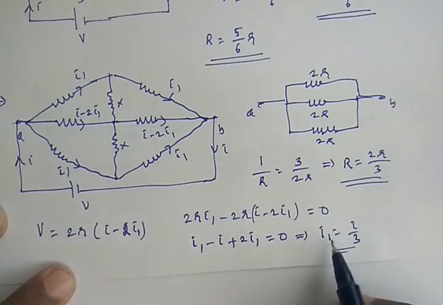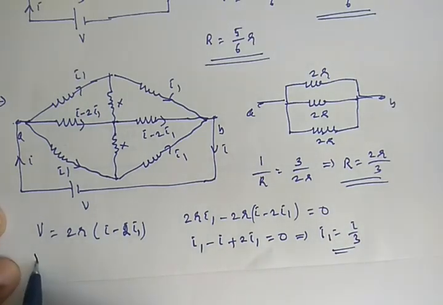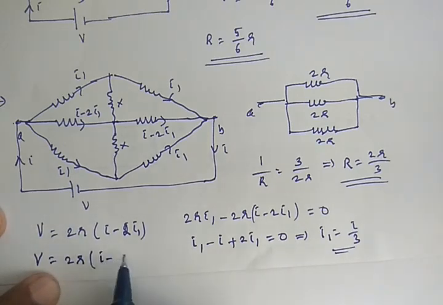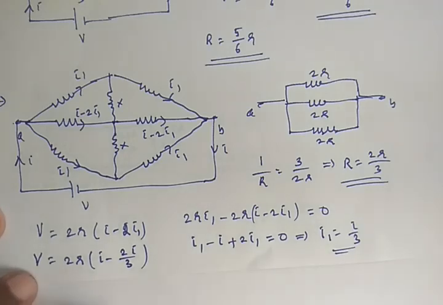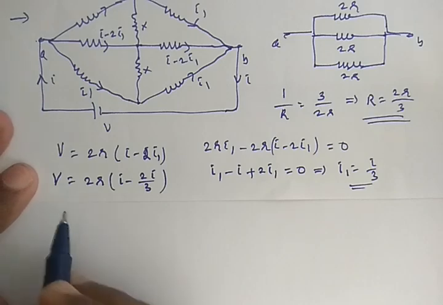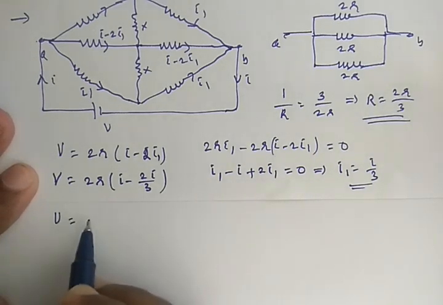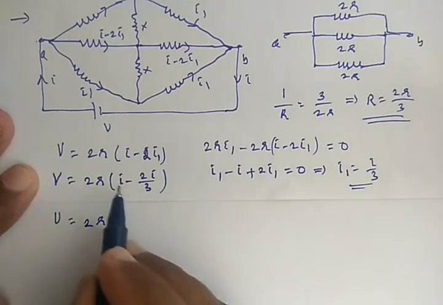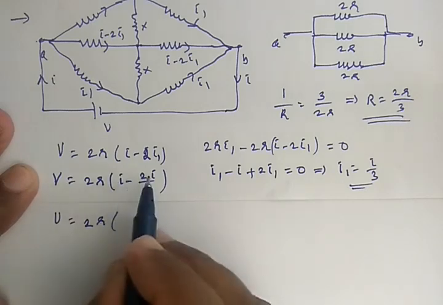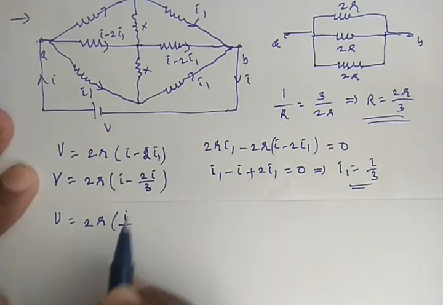So if I1 equals I by 3, then from here V equals 2R into I minus 2I by 3. So now V equals 2R into, it is 3I minus 2I, that is I by 3.